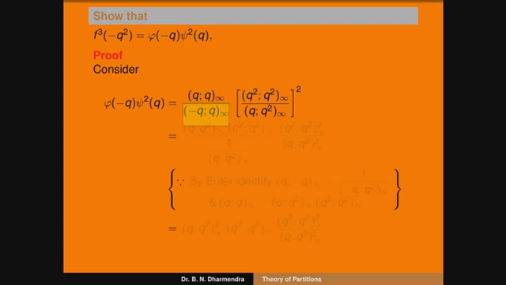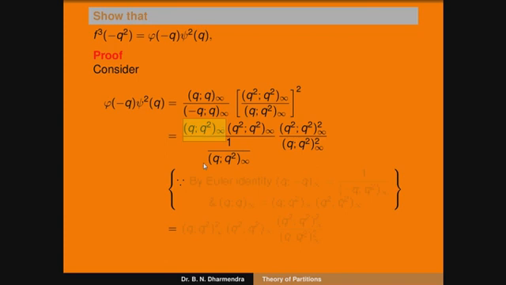So we can change the two values, that can be written as q square infinity into q square infinity divided by 1 divided by q square infinity into, that is the terms of the whole square, q square infinity whole square divided by q square infinity whole square. This term becomes a square, so it goes to the numerator.